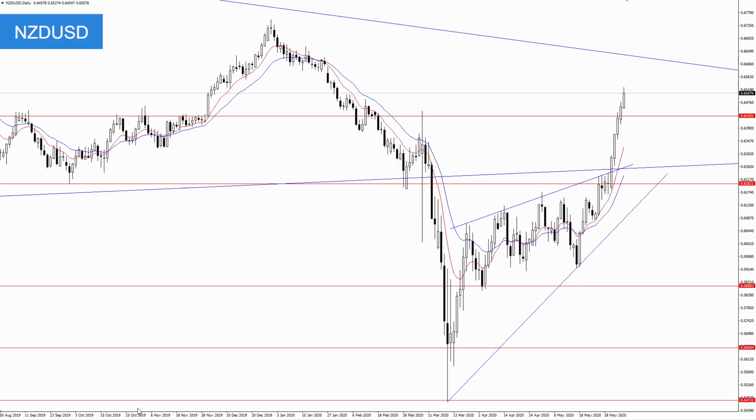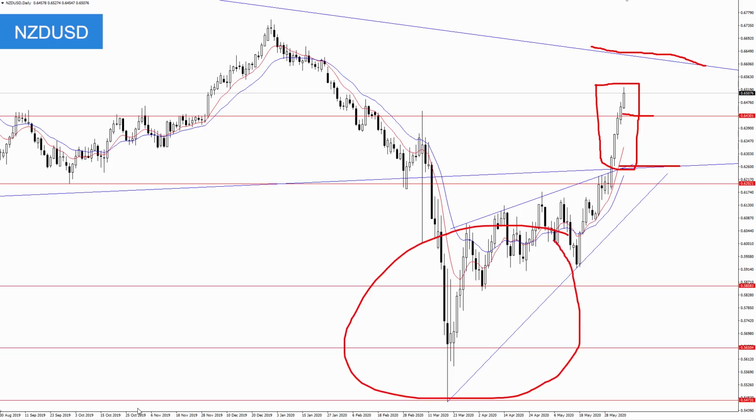So again, if we see an aggressive pullback this week, 64.30 fails, as does 62.50, that would be a sign that this up here was a bull trap and the New Zealand dollar is headed lower. Alternatively, if we start to see that 66 area get taken out, that would indicate that all this down here was the bear trap and the New Zealand dollar is headed higher. So right now, the New Zealand dollar is kind of in a limbo where we're just waiting to see if this down here was the false break or if the price action so far in June is the bull trap that's going to send the pair lower.